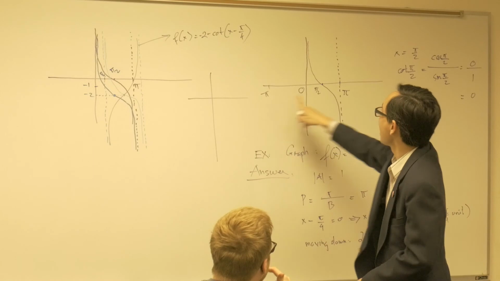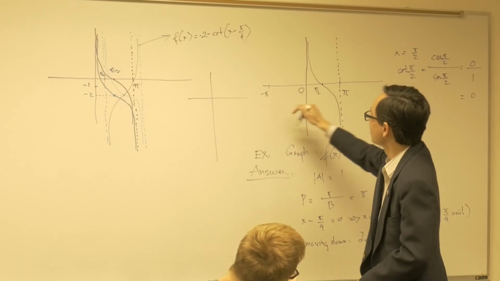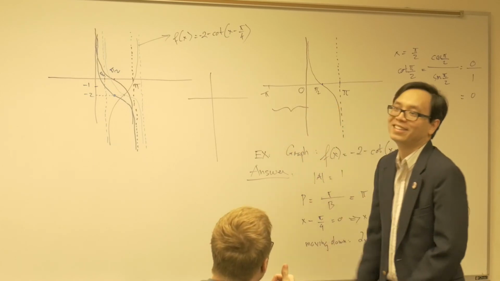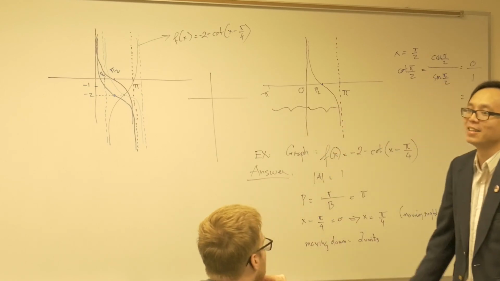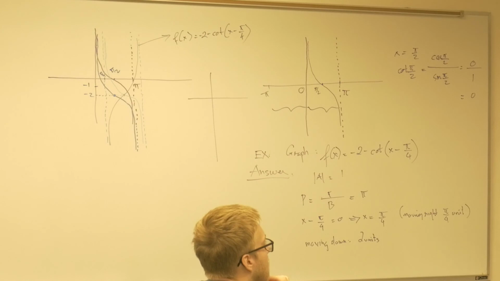You have a pi here and another pi here, so the period becomes 2 pi. But for tangent and cotangent, the period is just pi. We can express the whole period between 0 and pi.